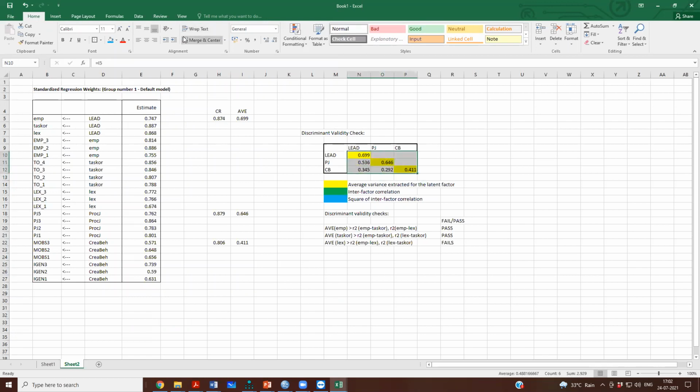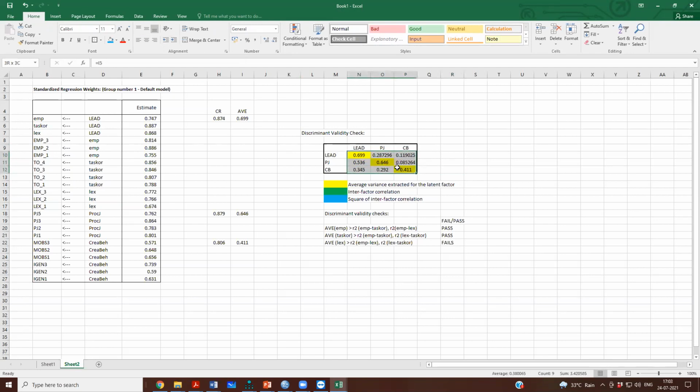Now, what would be the square of this? Very simple. We will just compute the square of these correlations. Okay, so this becomes the square of our correlations.